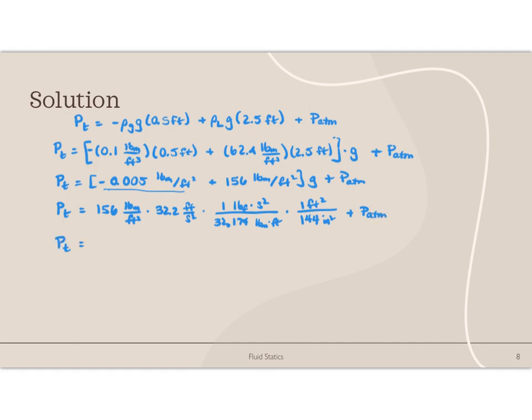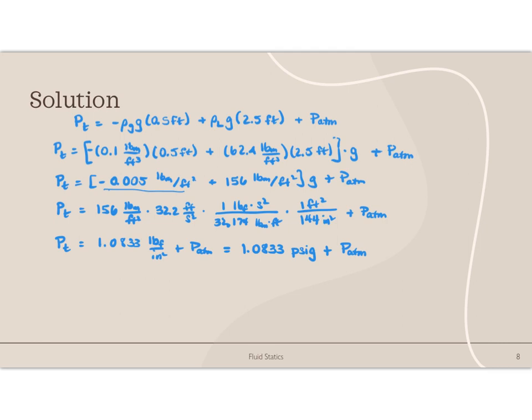And so the pressure in the tank is 1.0833 pounds per inch squared, plus the atmospheric. The way we normally write this is PSI for pounds per square inch. And this is the gauge pressure. If I add atmospheric pressure, it's going to become absolute.